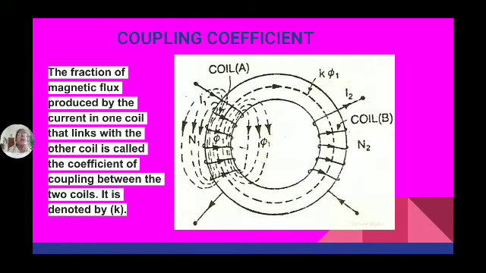Suppose we are keeping a TV in our house, and the people in the immediately next house are also able to hear the TV sound. So our sound waves are passing to the nearby house. How clearly they are able to hear depends on the coupling. Coupling means link, how well it is linked.